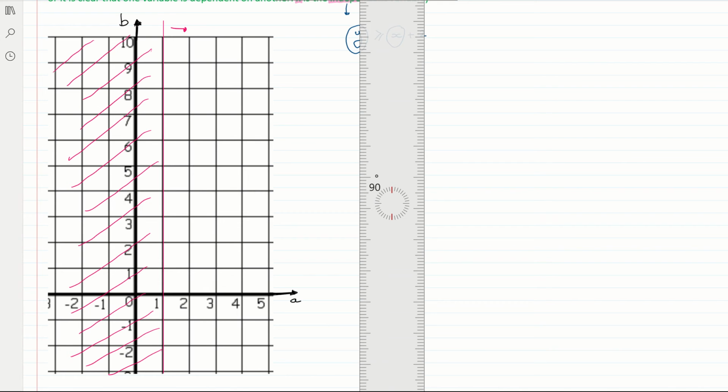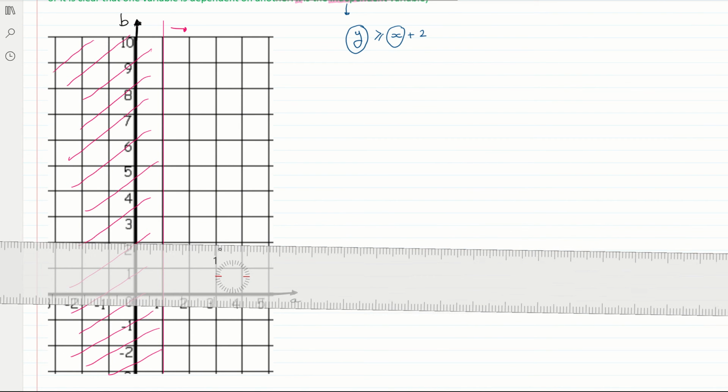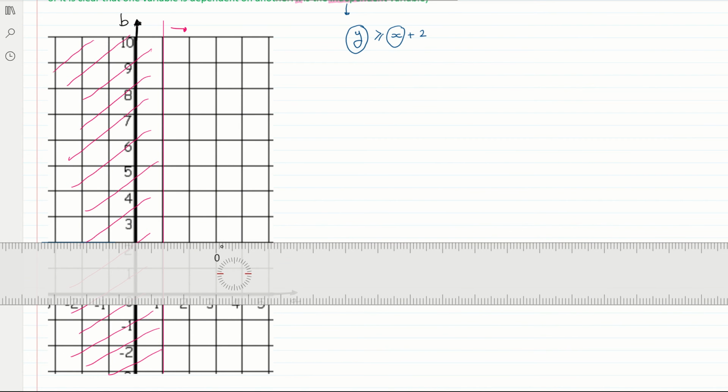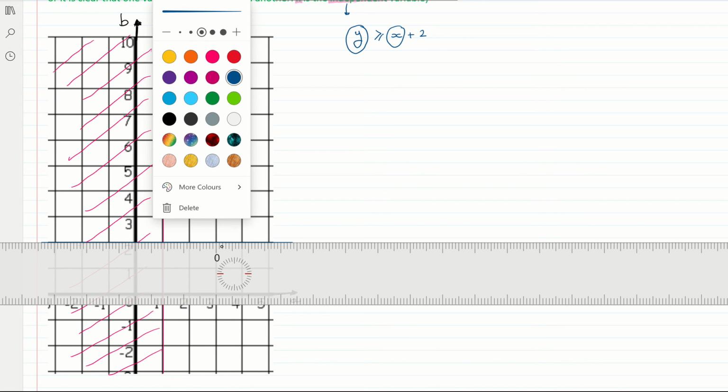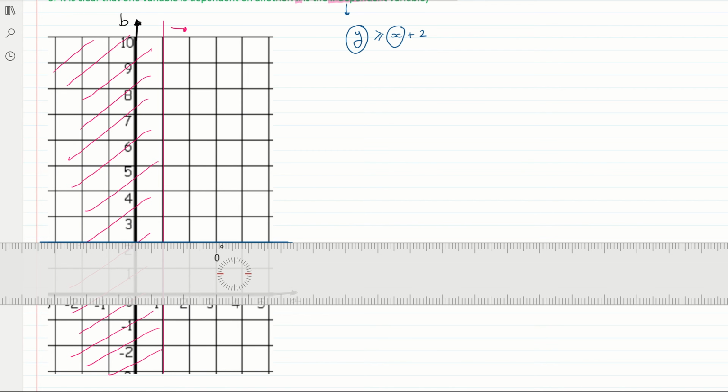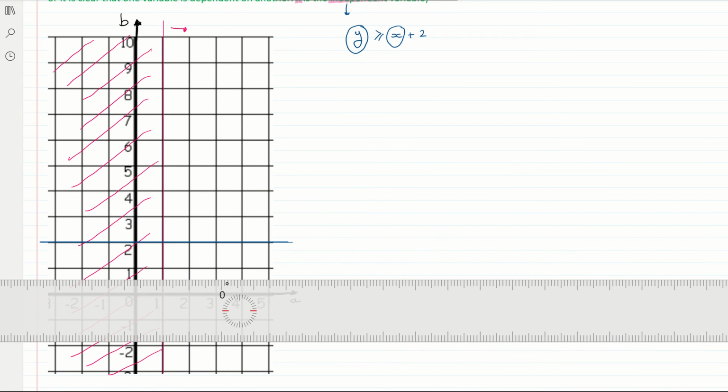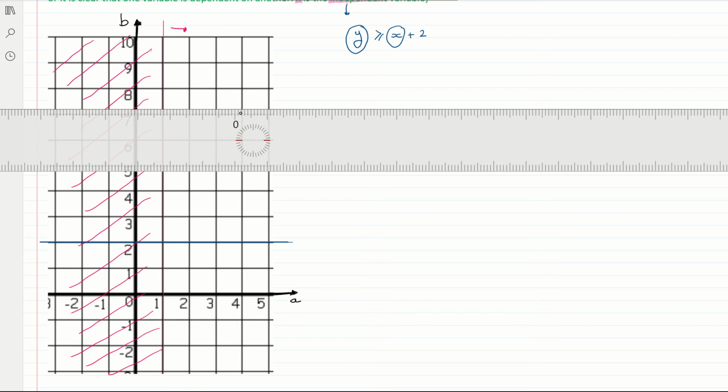And then the next one was B bigger than or equal to 2. So here is my B. And so I'm going to maybe make that a bit, there we go, over here. I wanted bigger than 2, so I'm going to shade the area smaller than 2. That's the area I don't want.